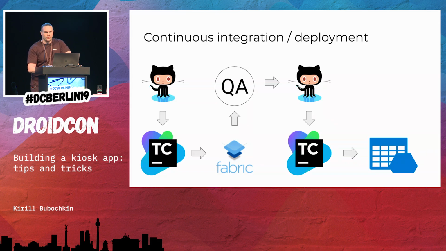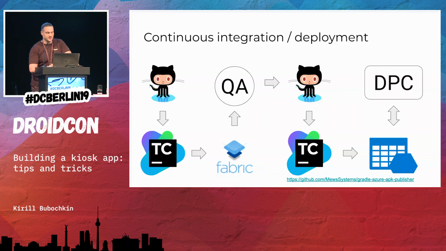It's something around 100 lines of code, but we decided that it can be useful for somebody else. So we've open sourced it, and it can be found here. And basically, that's all. The DPC app just checks for new releases in Azure storage, downloads the new version, and updates the main app. We are actually using this mechanism to update the DPC app itself as well.